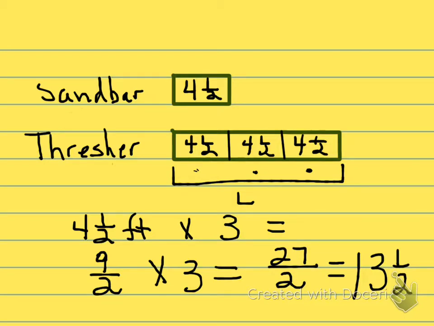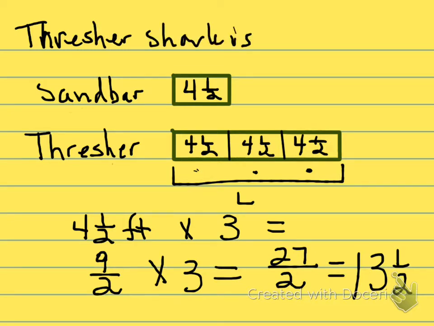So I can go back and say that a thresher shark is 13 and 1 half feet long. Boy, that's pretty big.